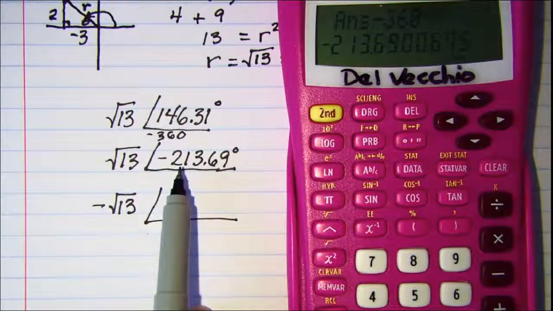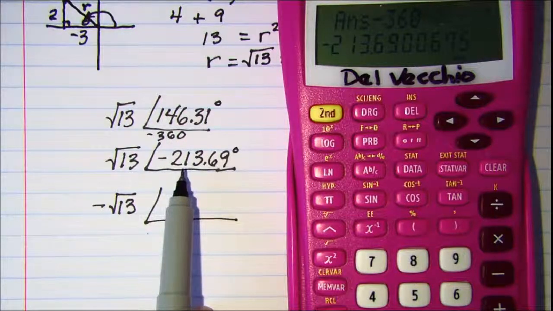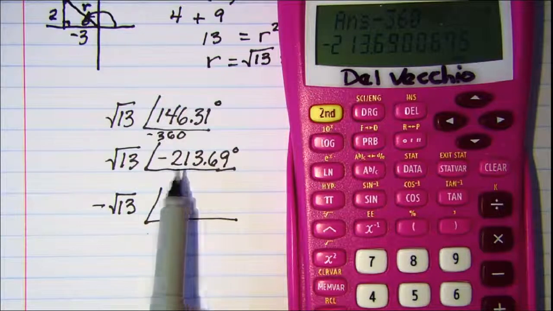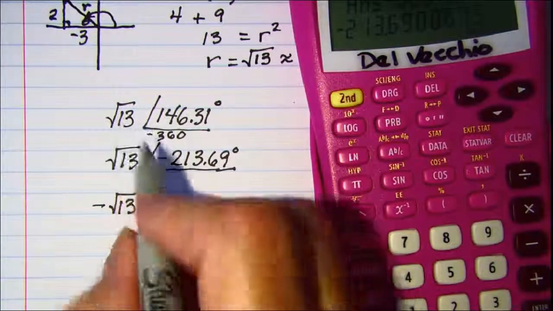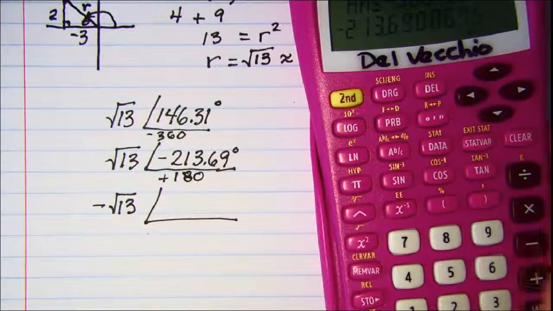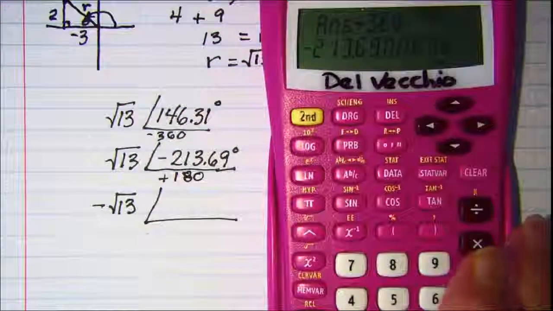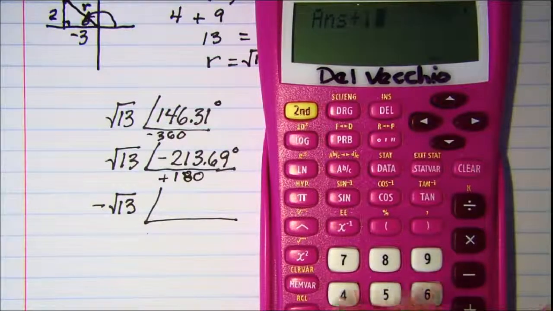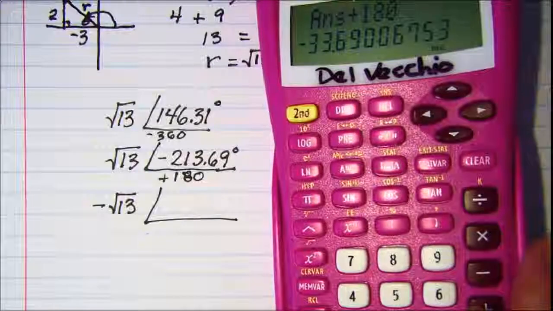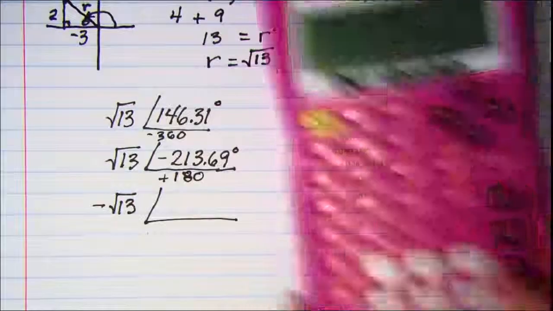Now if we subtract 180, that'll put us over the 360 degree limit. So let's add 180 to put that in the opposite quadrant. And we get negative 33.69.